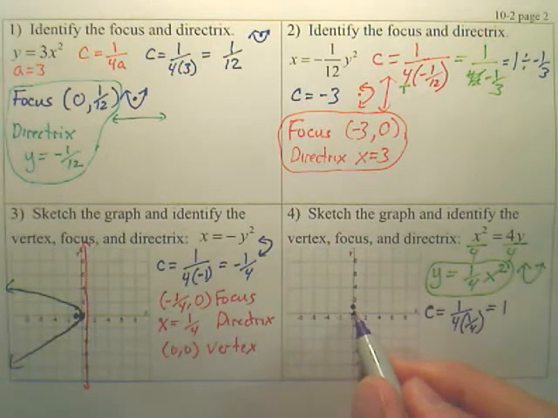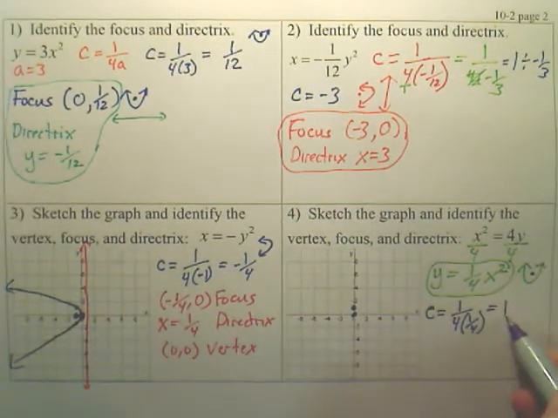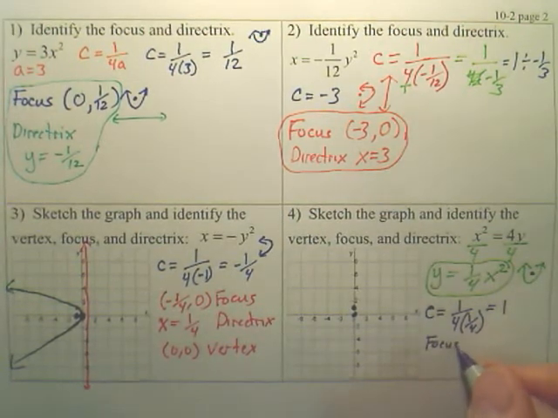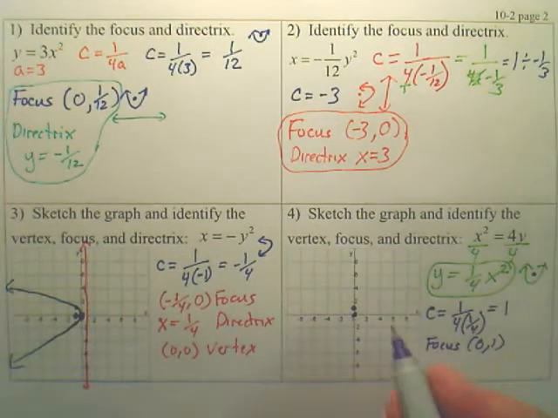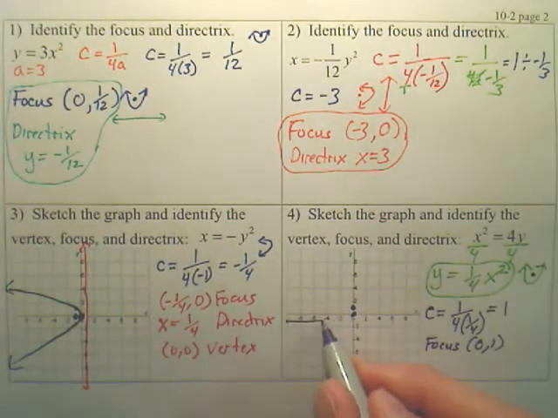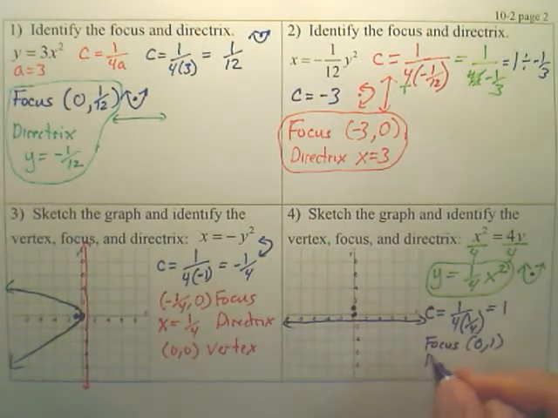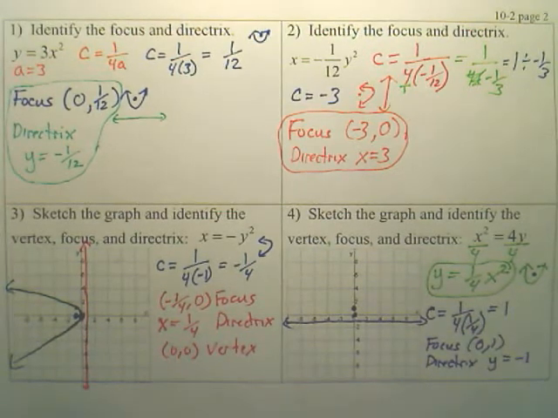My vertex is right here. If it's going up, will my focus be up 1? So my focus is 0, 1. Will my directrix be down 1? So y equals negative 1 would be my directrix.